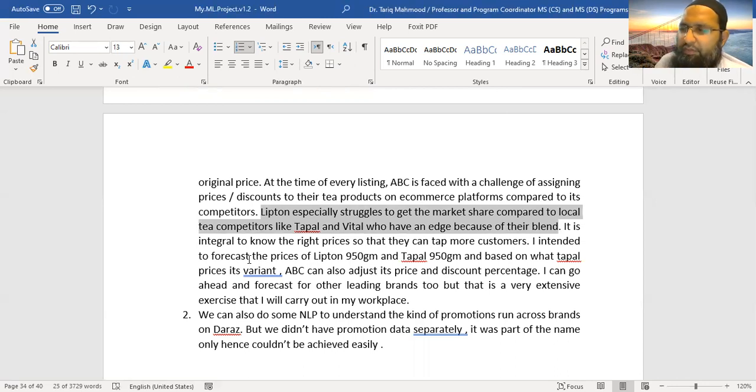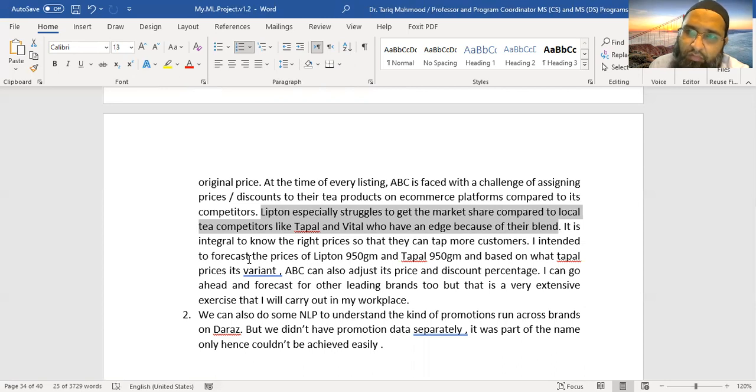The problem that we have to solve is that Lipton is adopting a very consistent strategy for generating the data, but unfortunately Tapal and Vital are making more noise on that e-commerce platform as compared to Lipton.